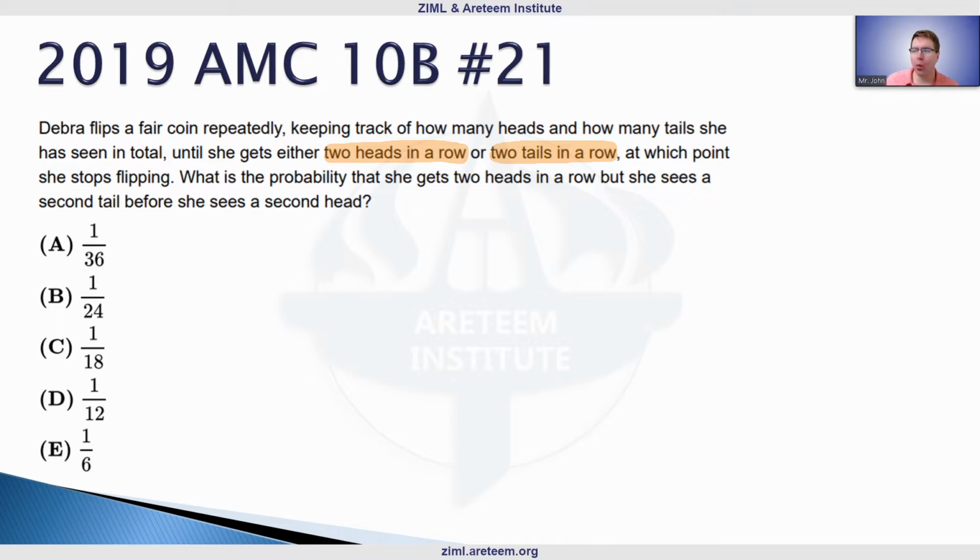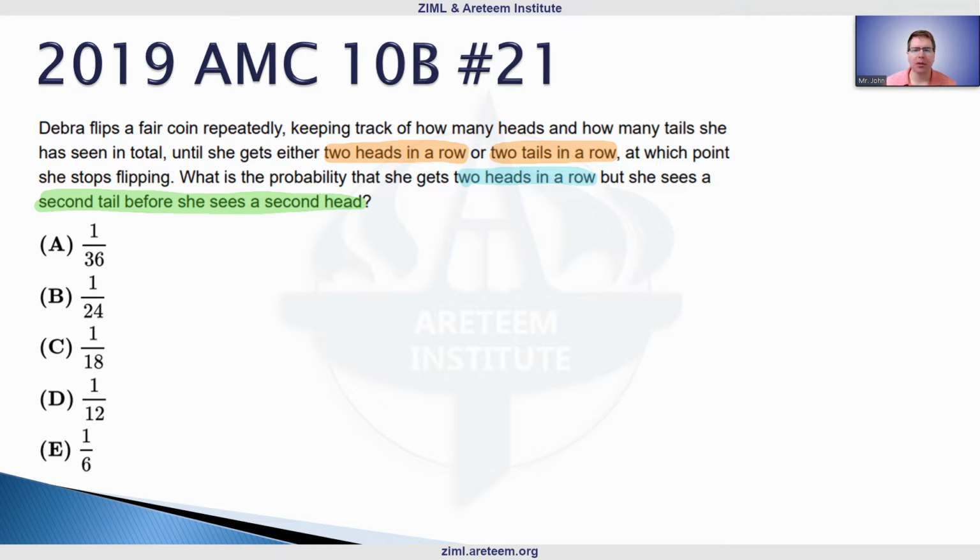Now, there is one additional piece of information that we have to keep in mind here. We want to know the probability she gets 2 heads in a row, but she sees a second tail before she sees a second head. And that is our starting point of information there.